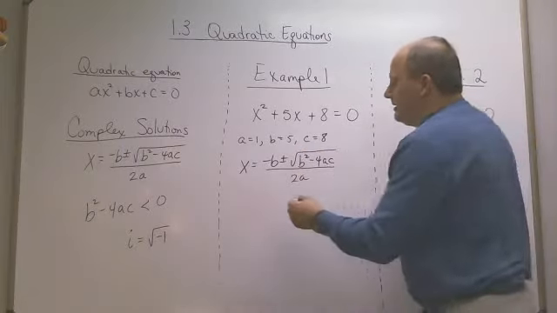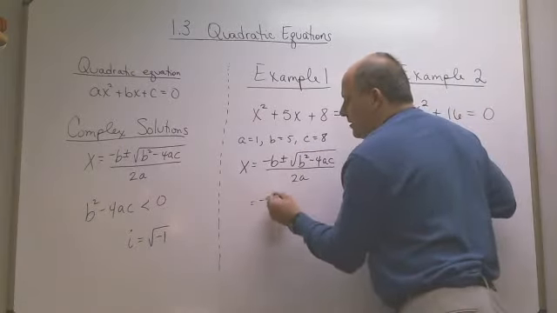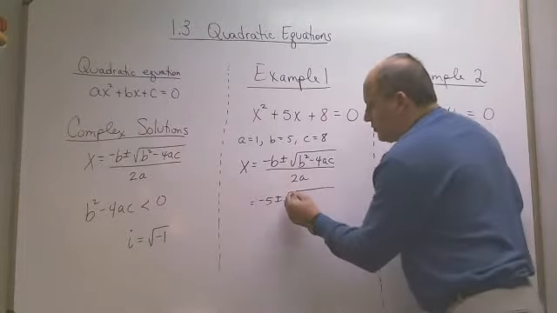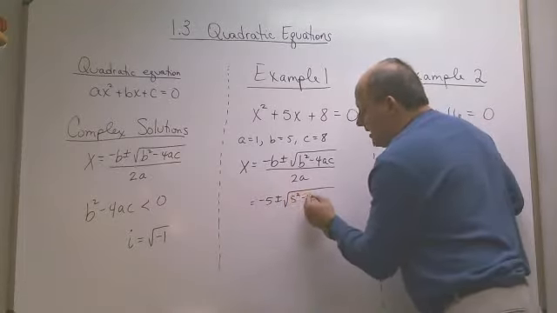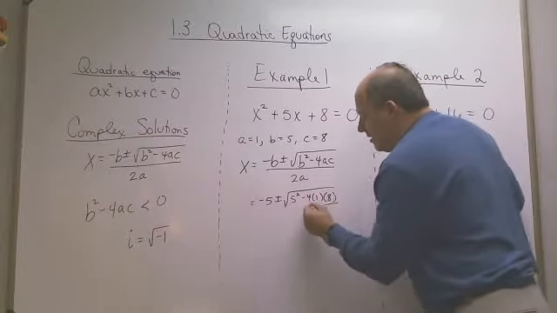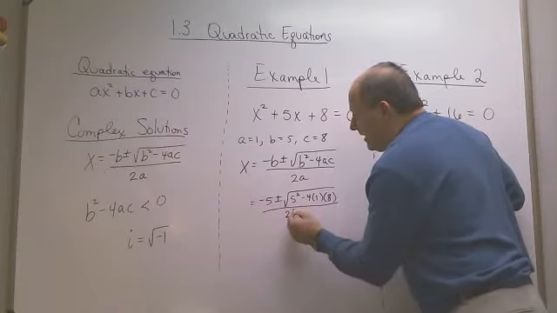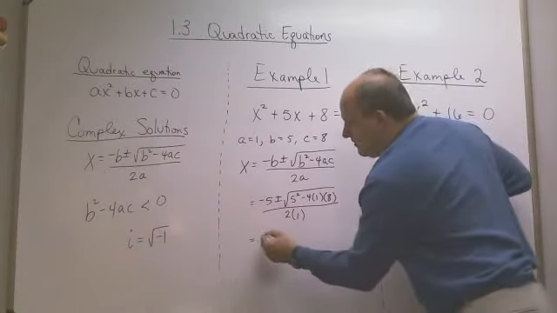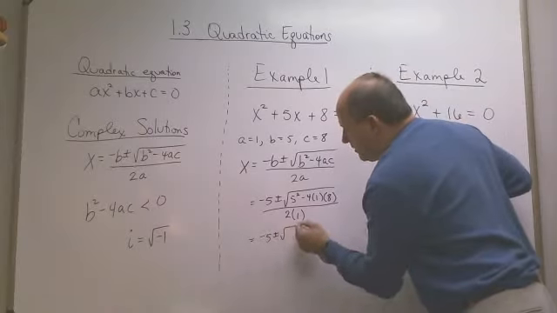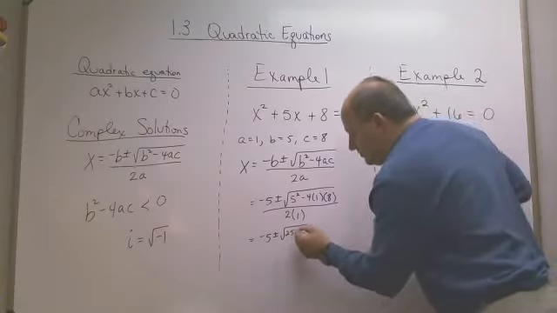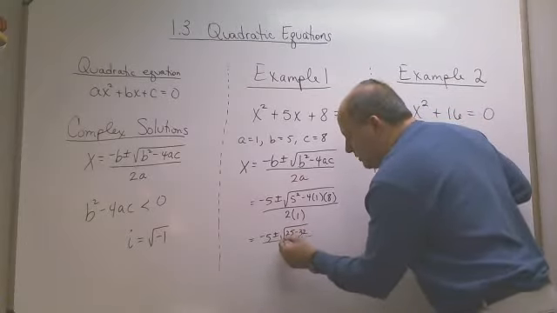So the opposite of b is -5 plus or minus the square root of 5 squared minus 4 times 1, because that's a, times 8, which is c, all over 2 times a, and that's 1. So you get -5 plus or minus the square root of 25, 5 squared, minus 32. And 2 times 1 is 2.